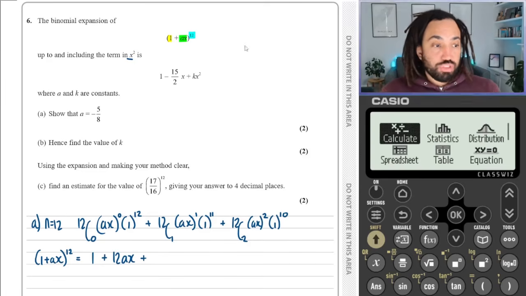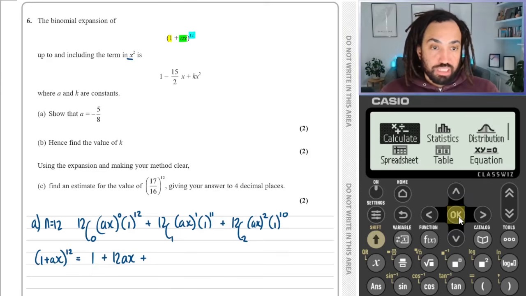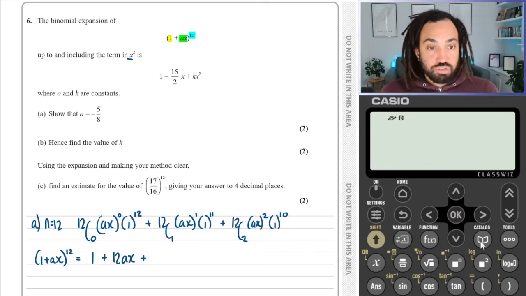Now 12 choose 2, without doing a quick calculation, I'm not sure what that is, so watch me spend the next 2 or 3 minutes trying to find the choose function on this new calculator.